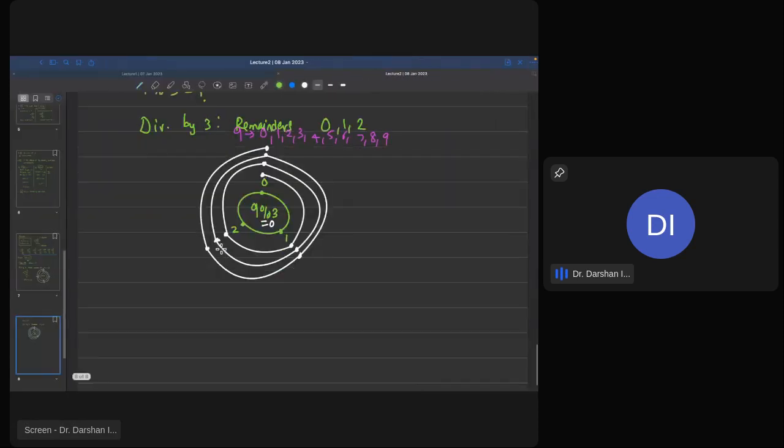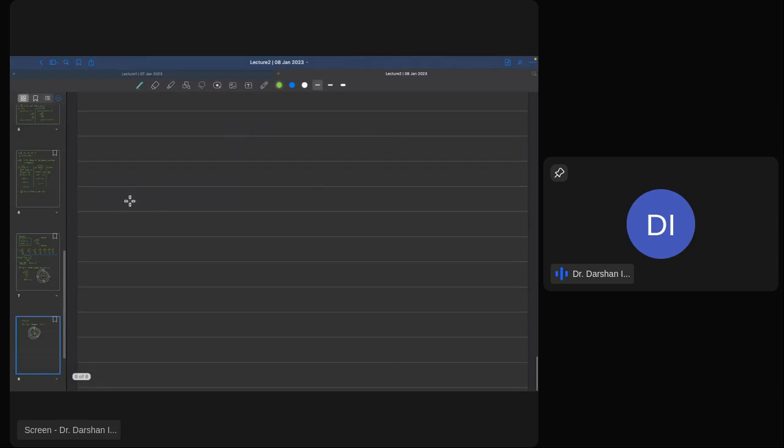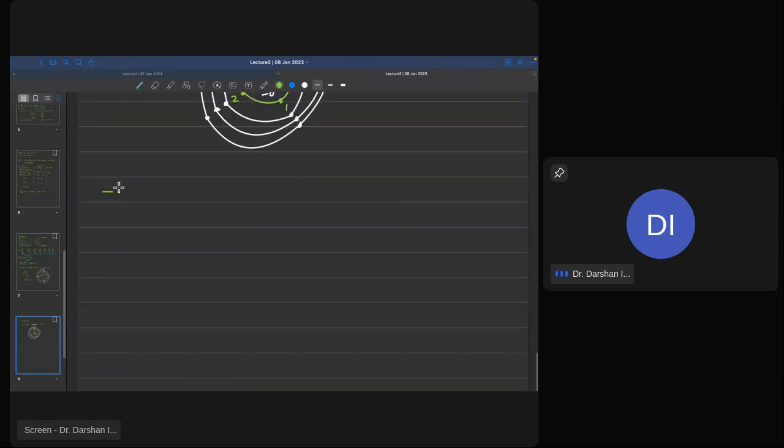And this is going to be different. Let's say if I ask you what is minus 5 modulo 3 equal to. The idea is to do the same thing.